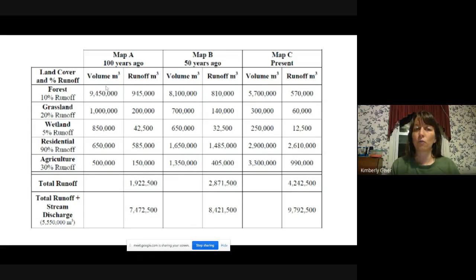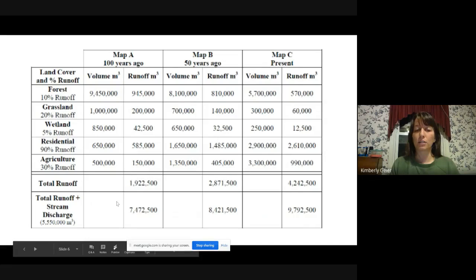So we take the volume of water that hits the forest, for example, and 10% of that runs off. So that means that we get 945,000 cubic meters of water running off. And so we've done the calculations for each of those, add up all of our runoff, and we get just under 2 million cubic meters of water running off.